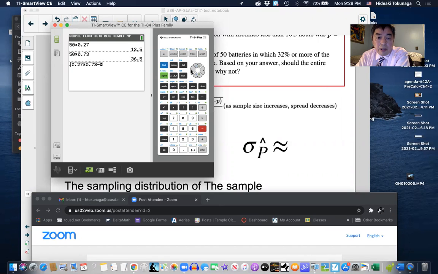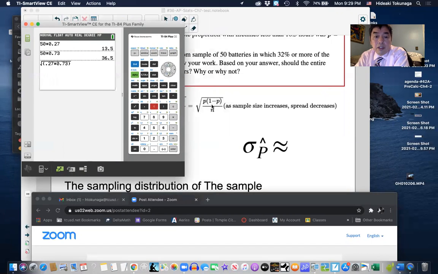Delete. I forgot to start with black. Okay, so this is okay. 0.27 times 0.73 is going to be the numerator. So I put the division sign here within the square root sign.